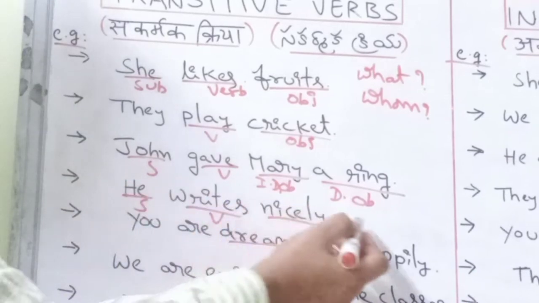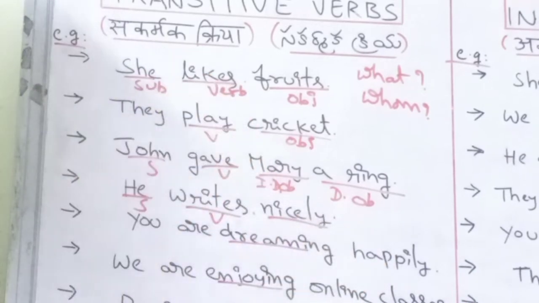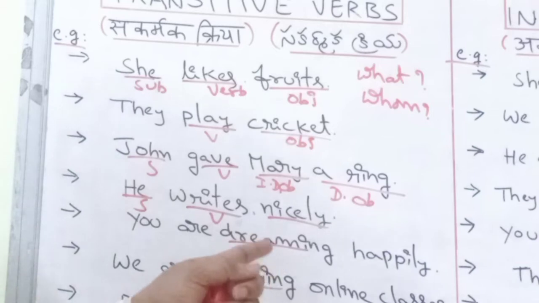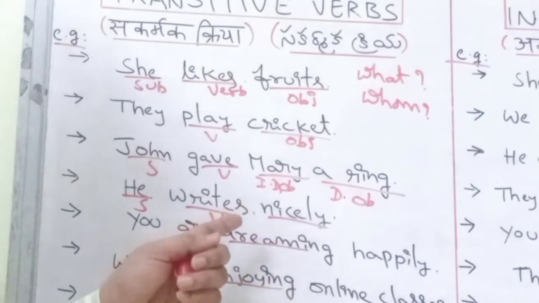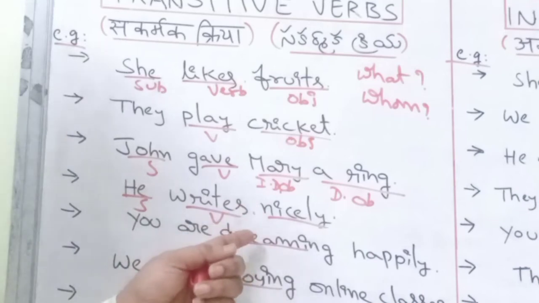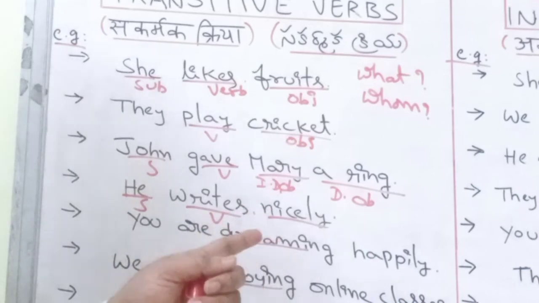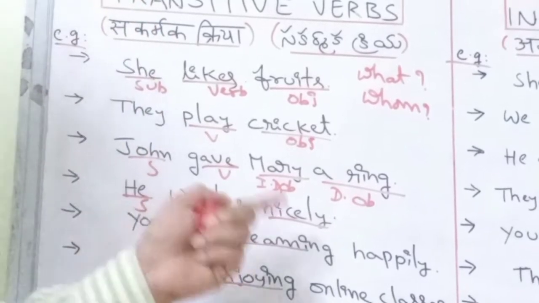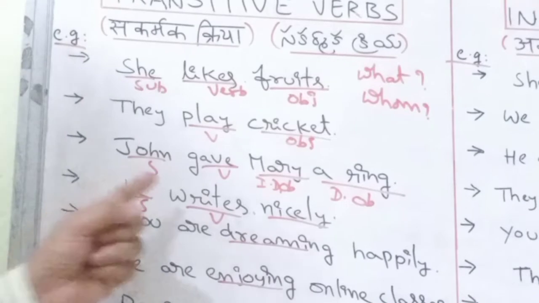He writes nicely. After writes, after the verb, stop and put a question. He writes what? Of course here it is not written. Deliberately, I didn't write the object here, only to make you understand that though it is not written, it can be written if we want. He writes what?